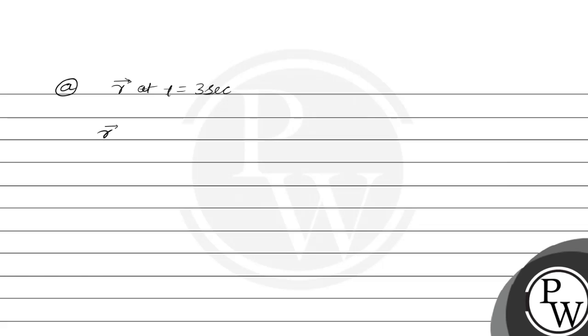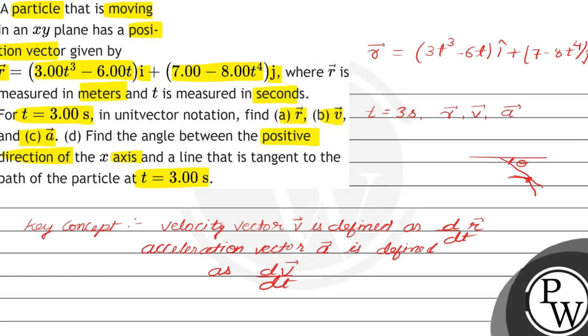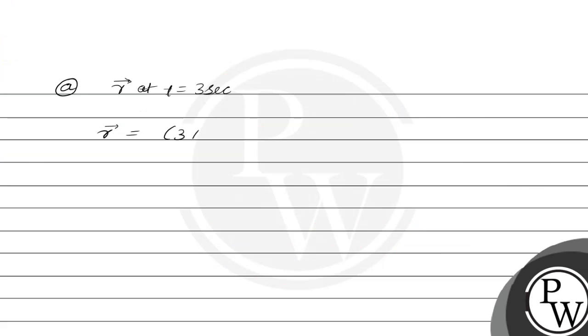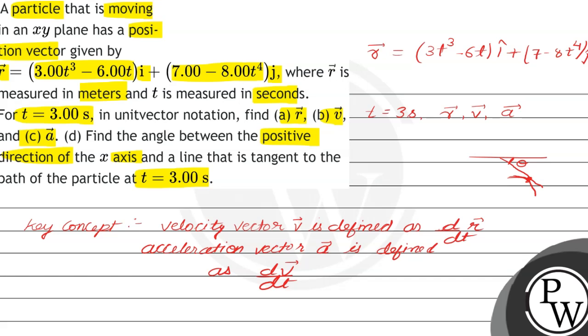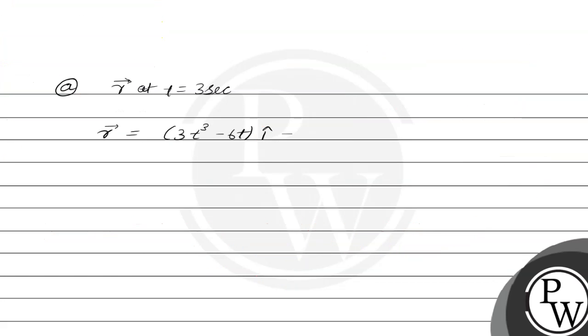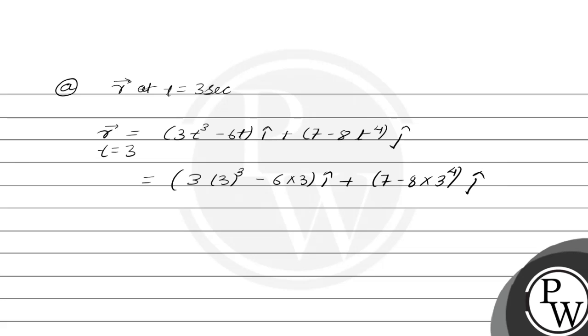So students, हम सीधा ही इस इक्वेशन में t की वैल्यू 3 पुट कर सकते हैं. This was 3t³ minus 60 i cap plus 7 minus 8 into t raised to the power 4 j cap. We are concerned with finding position vector at time t equals 3 seconds. So students, substituting 3 wherever we find t, plus 7 minus 8 into 3 raised to the power 4 j cap.